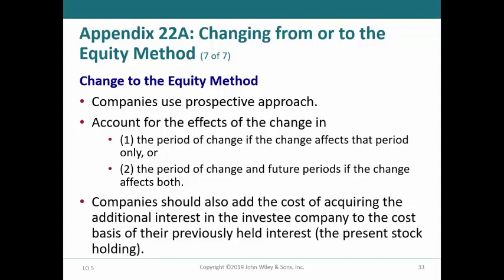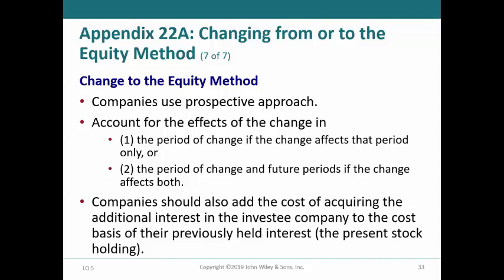Prospective treatment means that on the date of the change, the company would add the additional cost of the new stock to the cost basis of their previously held interest and begin to record its percentage ownership in the investee's net income or loss as an addition to or reduction in the value of the investment.